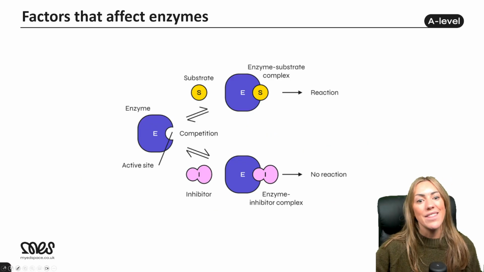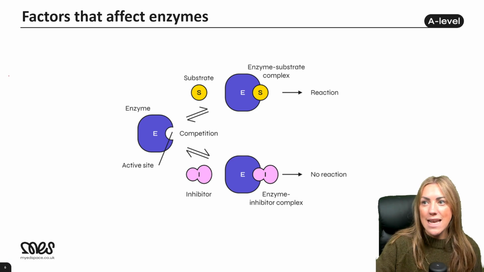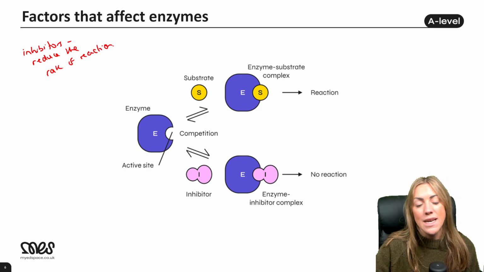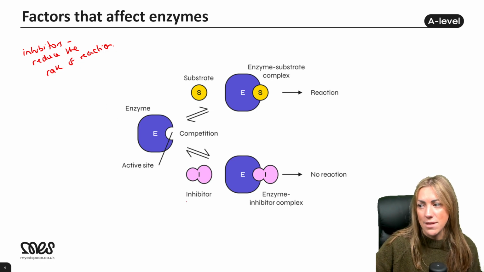Let's have a look at the last factor for A-level biology. Now, these are the inhibitors. Obviously, enzyme inhibitors, as the term suggests, are going to reduce the rate of reaction. Okay, so if there is an inhibitor present, it's going to reduce the rate of reaction. Now, this type of inhibitor that we can see here is called a competitive inhibitor.